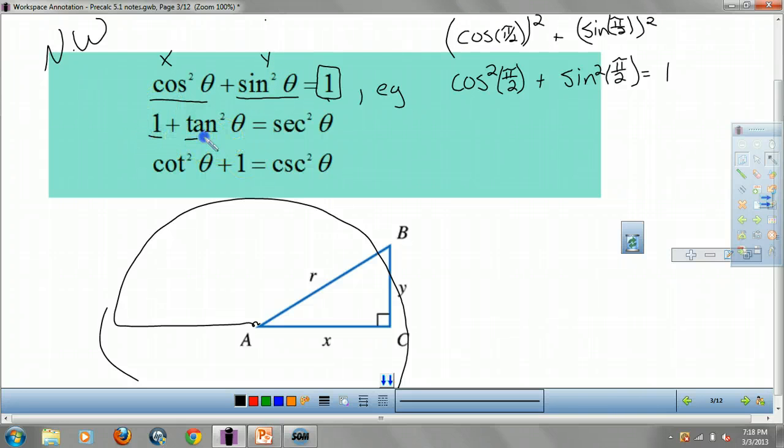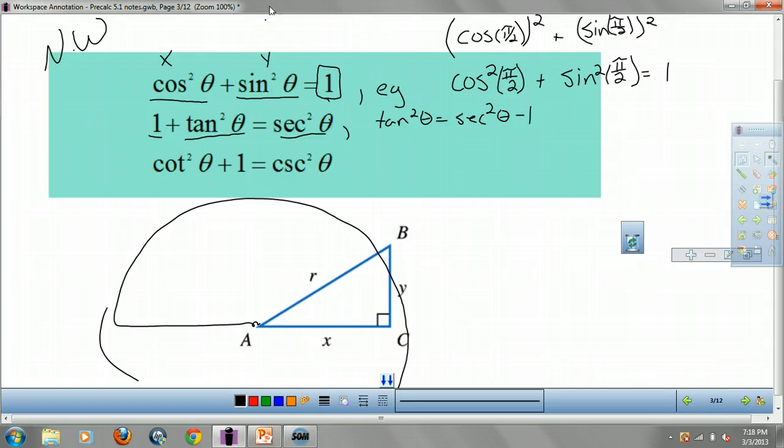1 plus tan squared of theta equals secant squared of theta. Okay? Now these thetas have to match. So corollary to this would be that your tan squared of theta equals secant squared of theta minus 1. That's going to be really important to know when you guys get into calc, actually.